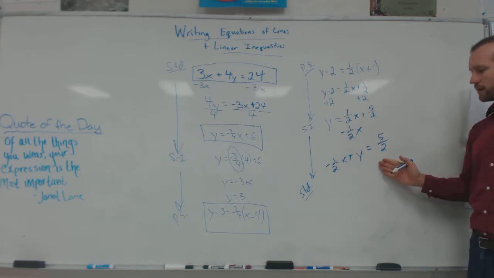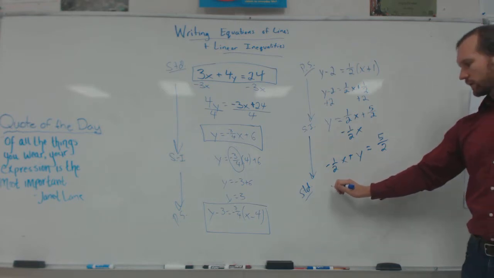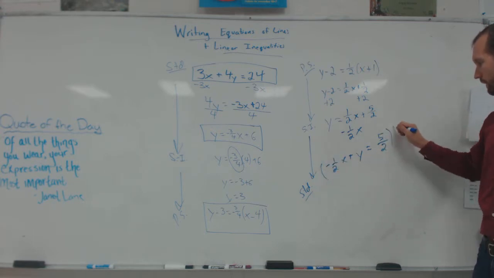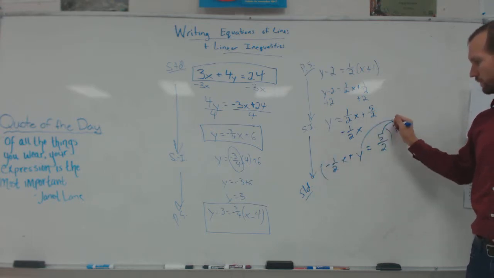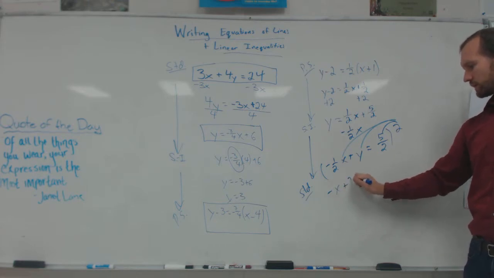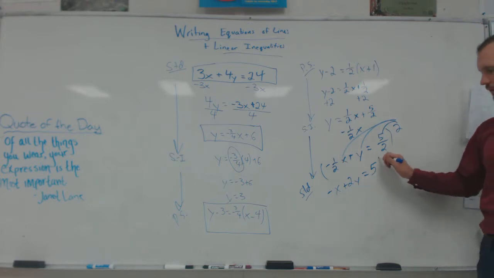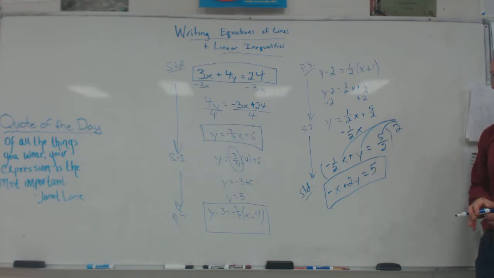And then if we wanted to, we could clear out our fraction. So we could multiply everything by 2, each term. We get negative x plus 2y equals 5. That seems a little bit more elegant than all the fractions.